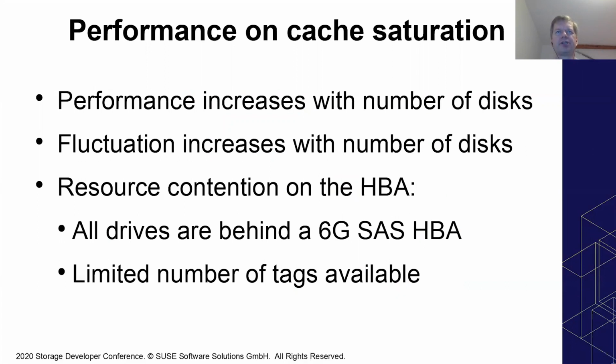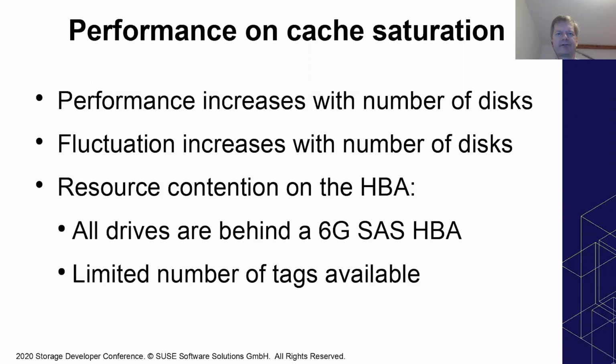The possible reason for this might be a resource contention on the HBA, because, as indicated, these drives are all connected to a JBOD, which is connected via a single HBA to the actual system. This HBA is driving a 6 gig SAS link, and obviously it's just a single HBA.